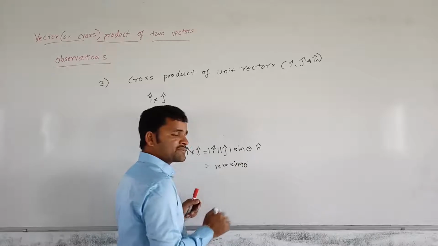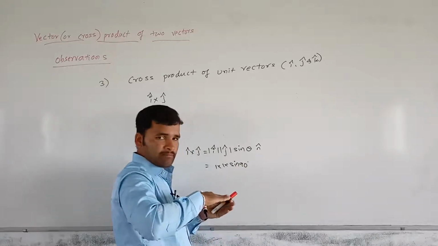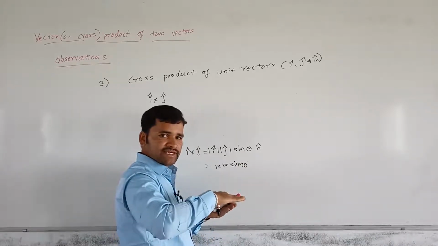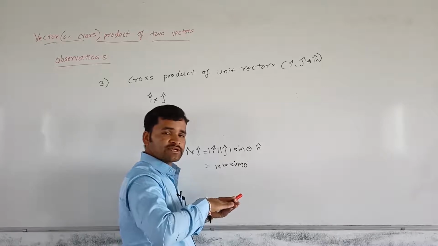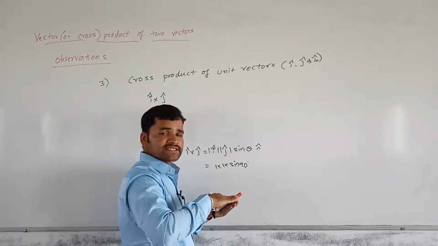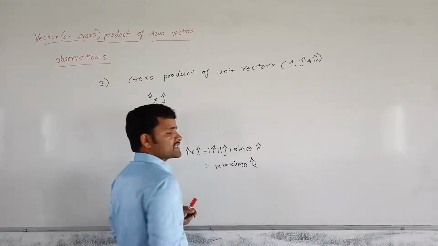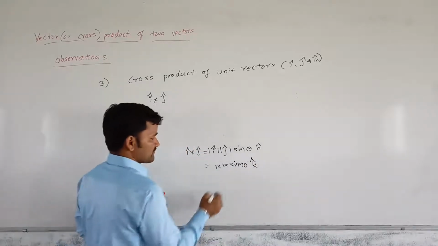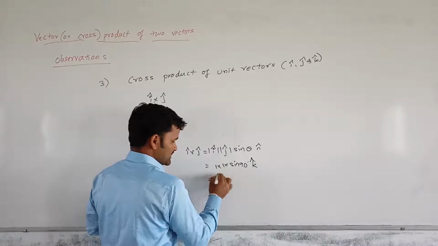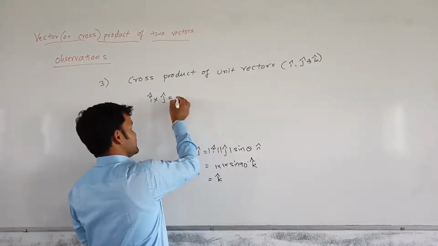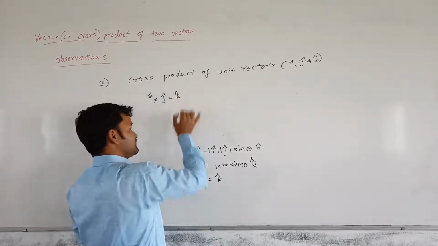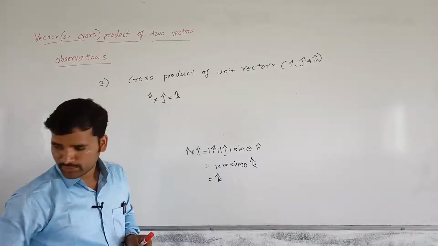What is n cap? n cap is perpendicular to both the x axis and y axis. The axis perpendicular to both is the z axis, and the unit vector along the z axis is k cap. Sin 90 is 1. So i cross j is k cap. I hope you are understanding.